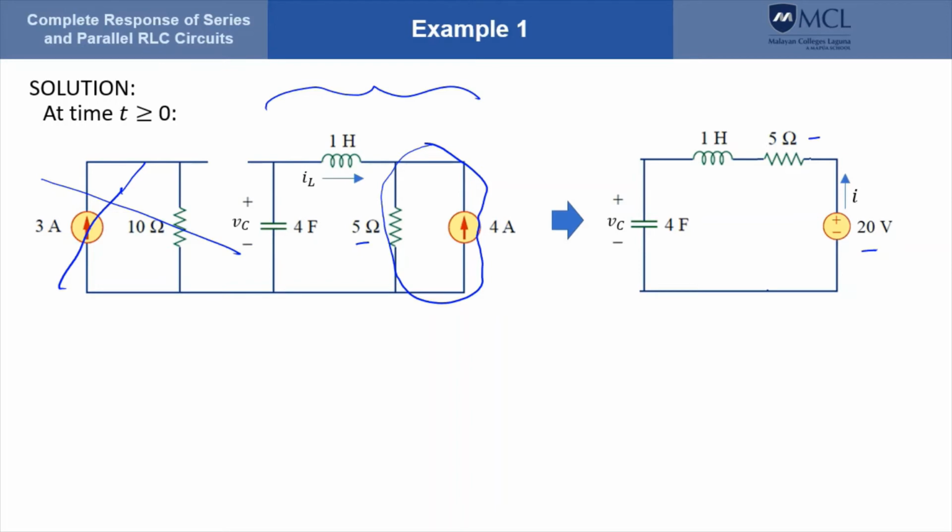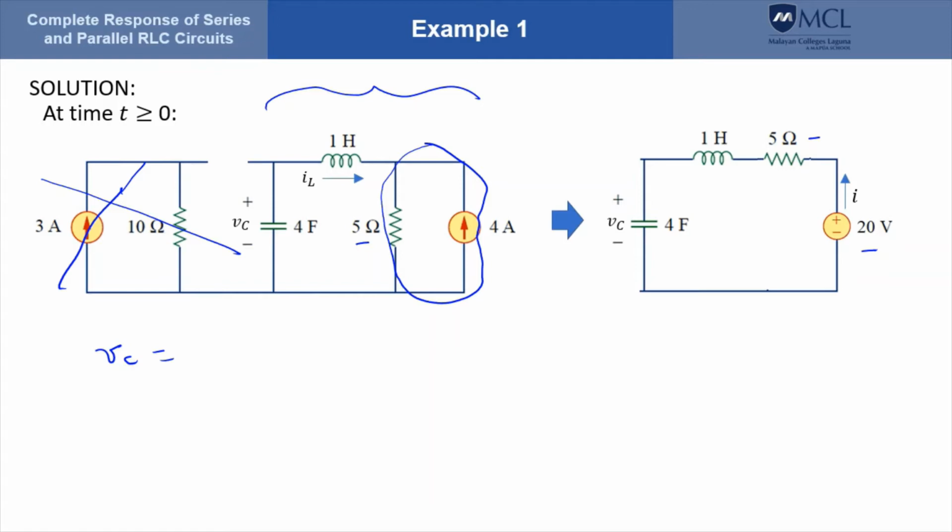Therefore we can write the solution that we have already shown a while ago like this. The solution for the voltage across the capacitor will fall under 3 cases. And to know what case we are in, we need to know the values of alpha and omega naught.